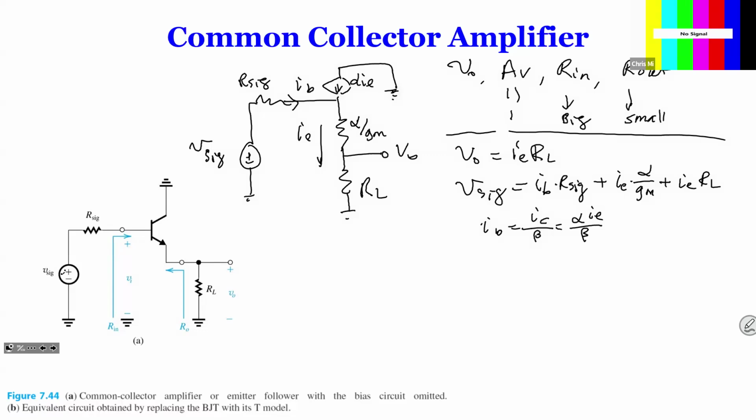So we can plug this back into the upper equation, and then we have VSIG equal to, IB is alpha over beta times IE. Alpha over beta, yeah.